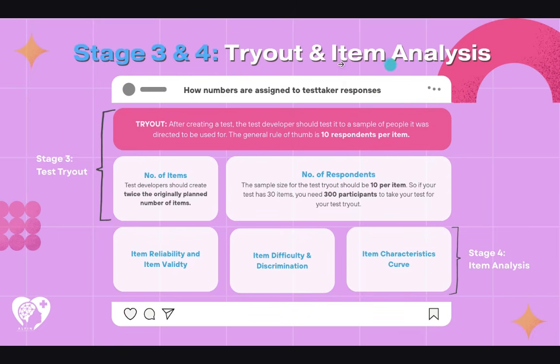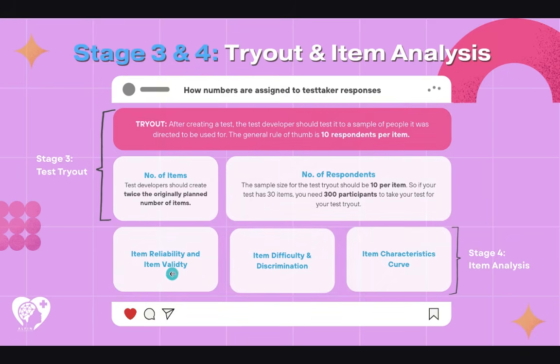So for this item analysis, it depends on your goal. If your goal is to really just establish, for example, for research, the most common process is reliability, especially if its validity has already been established. Meaning, another developer has already established it and said it can be used for that. For example, you want to conduct research on Filipino people, and this scale has already been used on Filipinos.